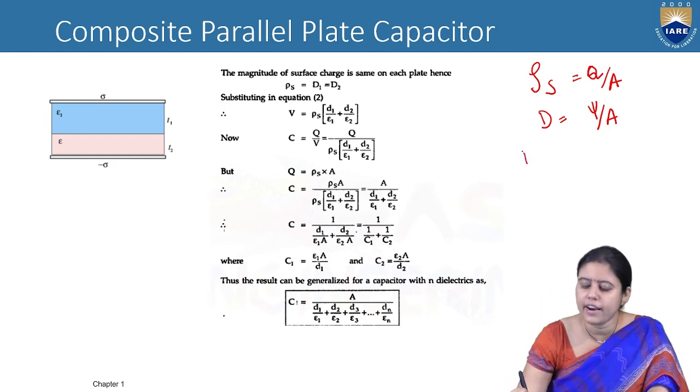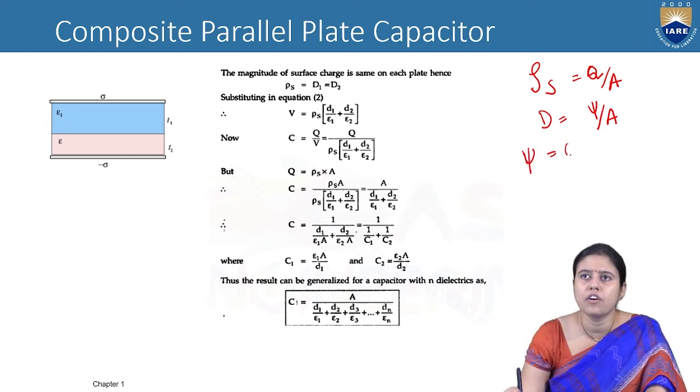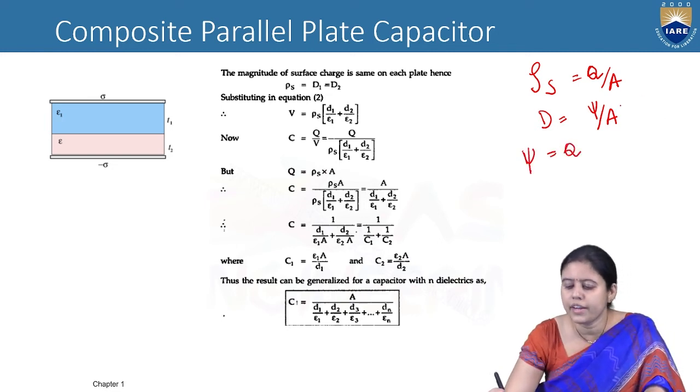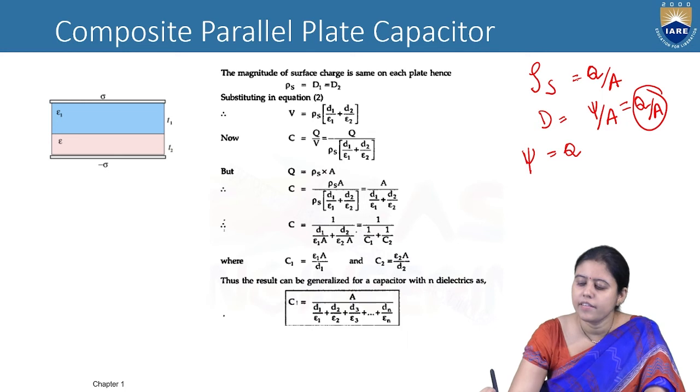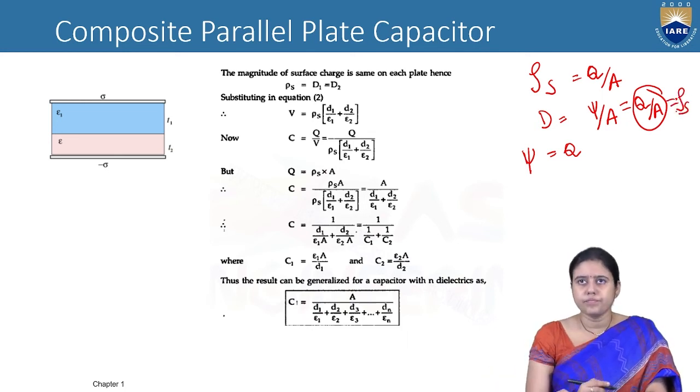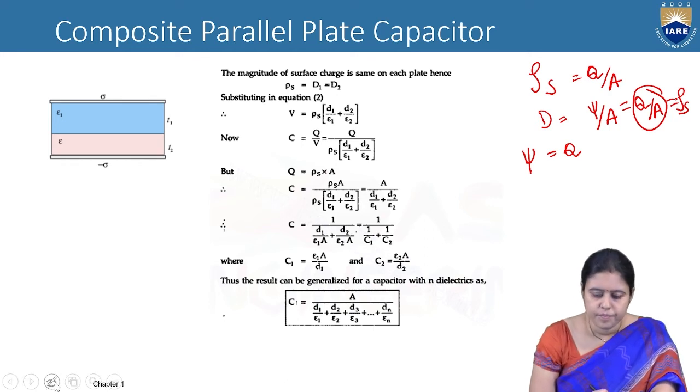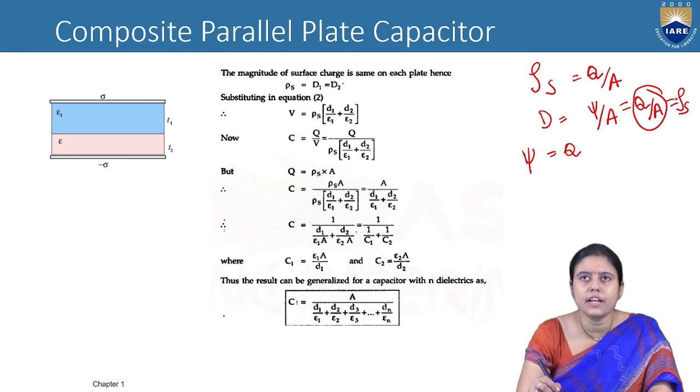So we can write psi, the number of lines of flux, is equal to Q. We can substitute Q by A, and it is basically rho S. So rho S is equal to D1 is equal to D2.